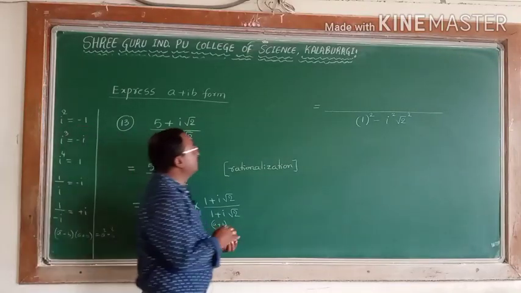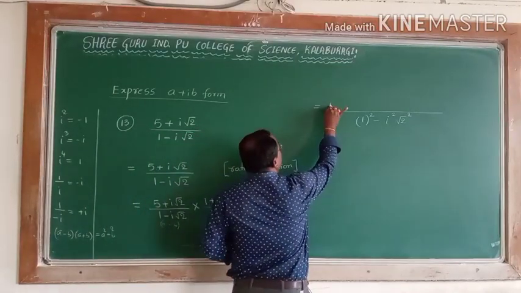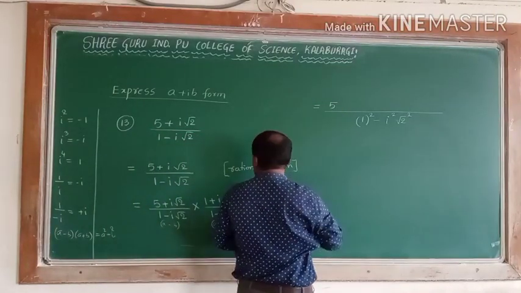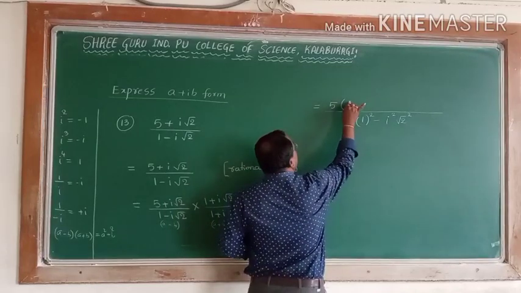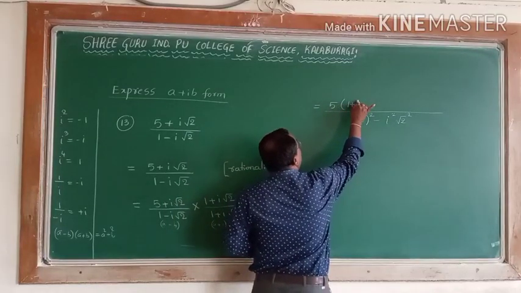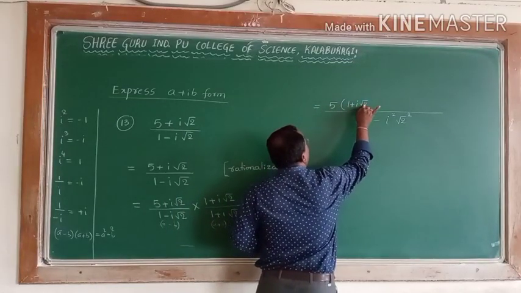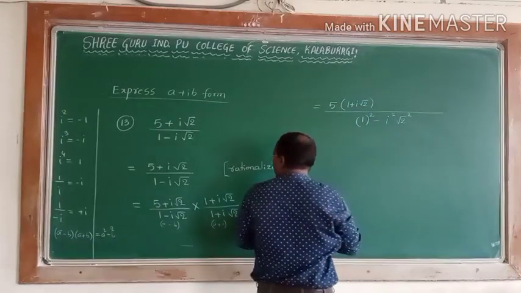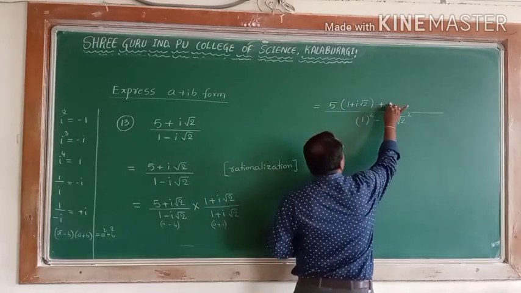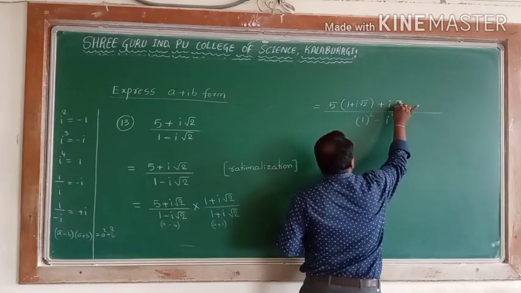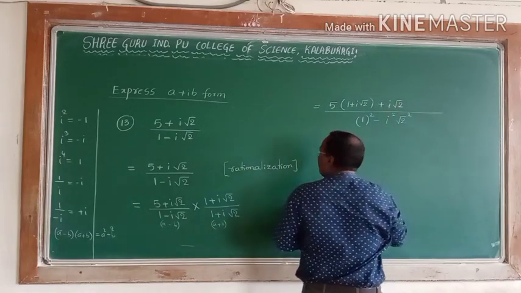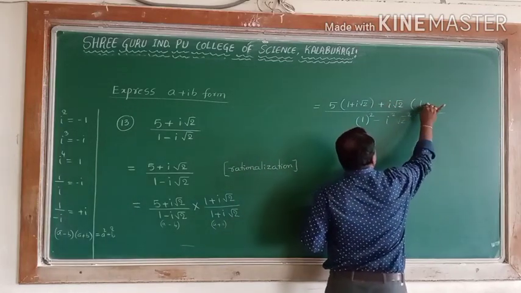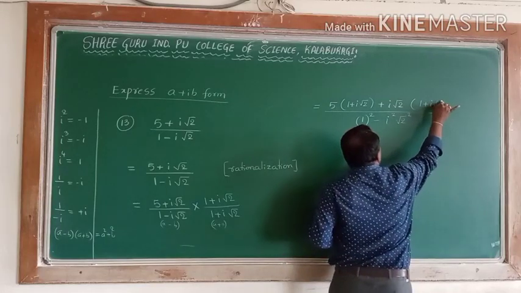For the numerator, the product is 5 times (1 plus i root 2) plus i root 2 times (1 plus i root 2).